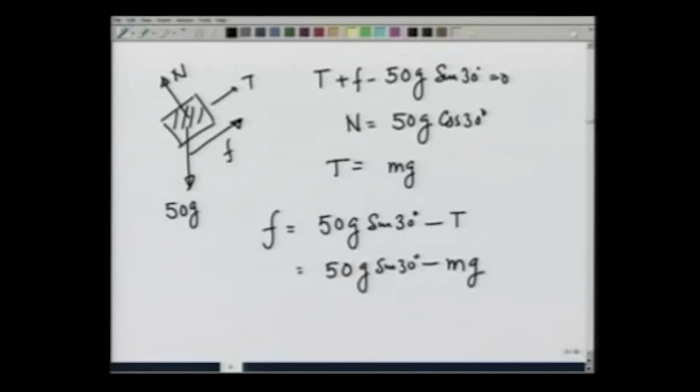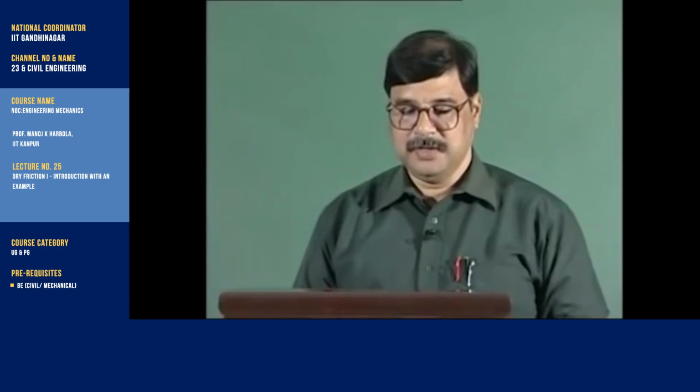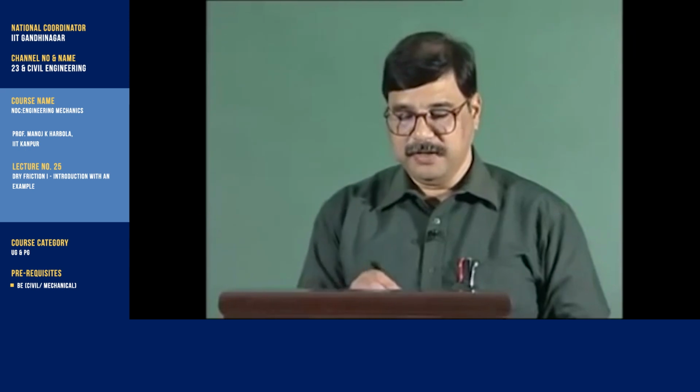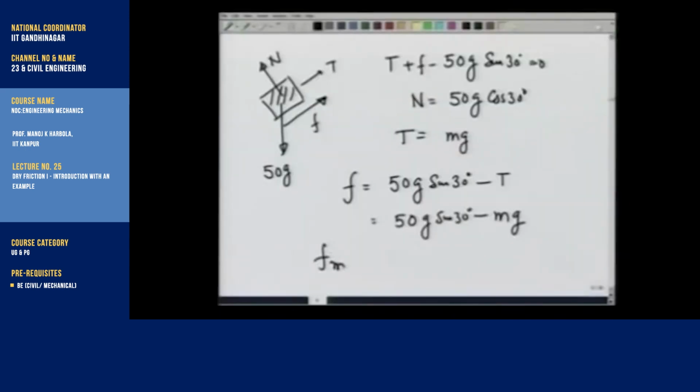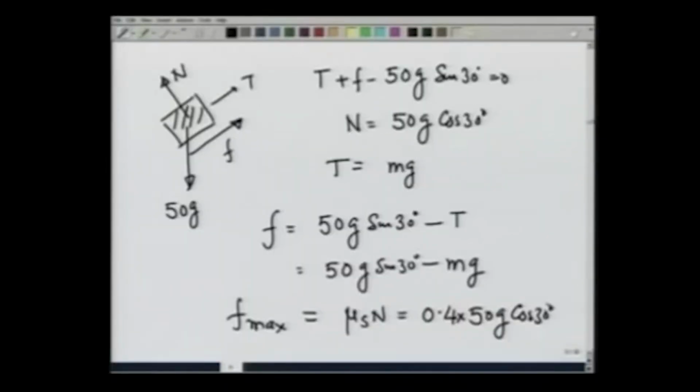Now, the maximum possible value that F could have is mu s times N, which is equal to 0.450 times 50 g cosine of 30 degrees. That is the maximum possible value of the frictional force.